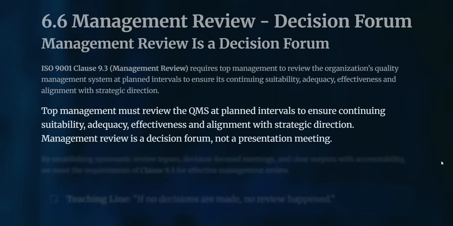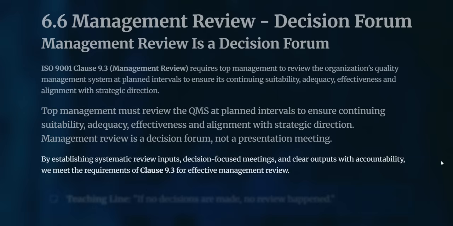Top management must review the quality management system at planned intervals to ensure continuing suitability, adequacy, effectiveness, and alignment with the strategic direction. Management review is a decision forum, as we said, and it's not a presentation meeting.